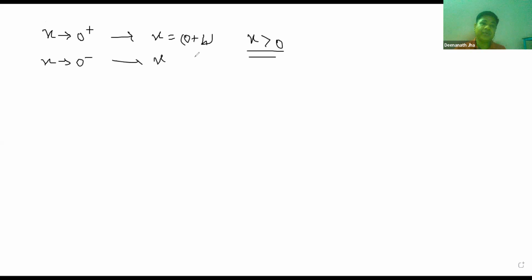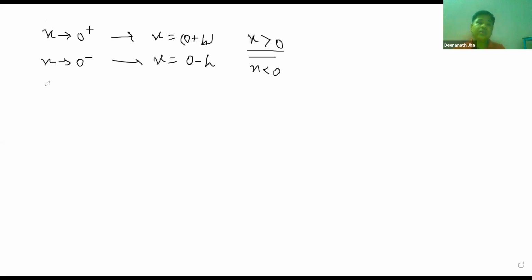When you take x tends to 0 plus, you will write x equal to 0 plus h, for x greater than 0. When you take x tends to 0 minus, it means x equal to 0 minus h, for x less than 0.